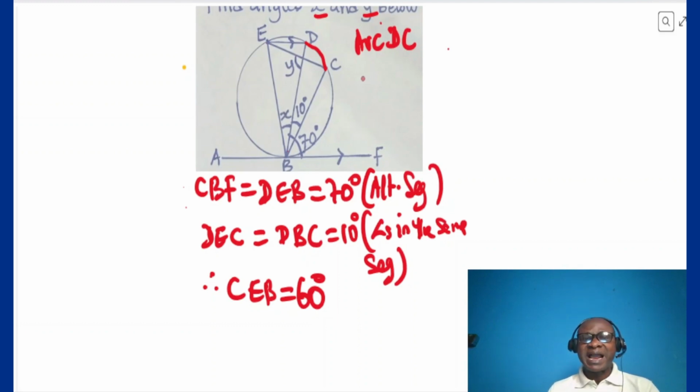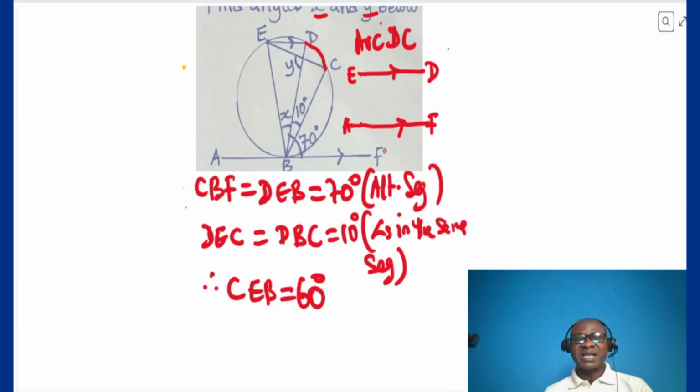If this is line DE, and there is another line called AF, once you say that they are parallel, something important will happen here. And what is that? Any line that cuts across them, for example, let's look at line from E to B.